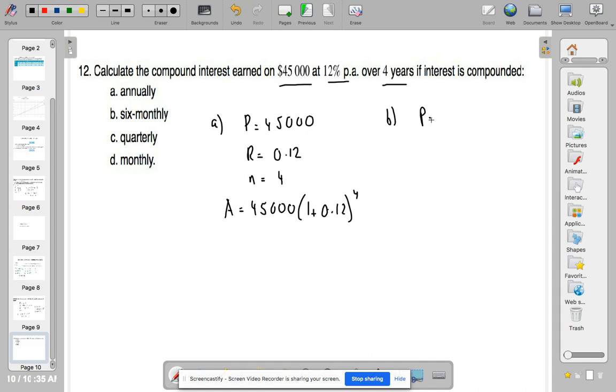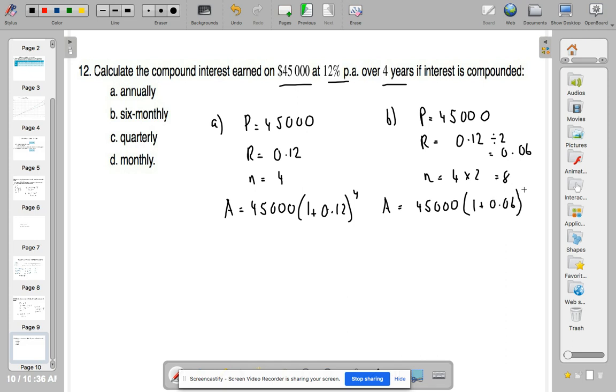B is 6 monthly. So the principal will be $45,000. The rate will be 0.12, and because it's 6 monthly or twice a year, we divide that by 2 to get 0.06. The number of compounding periods will be 4 years times twice a year, which equals 8. So our calculation will be A equals 45,000 outside of 1 plus 0.06 to the power of 8.